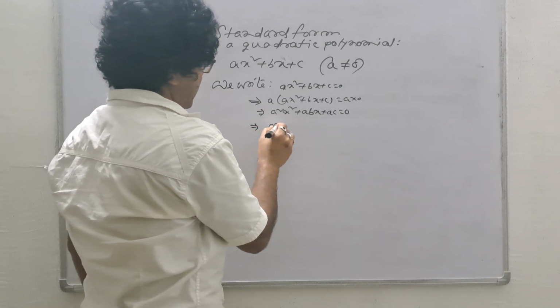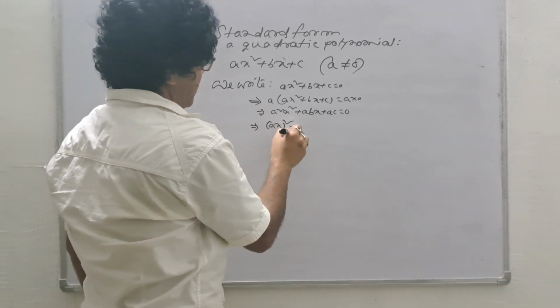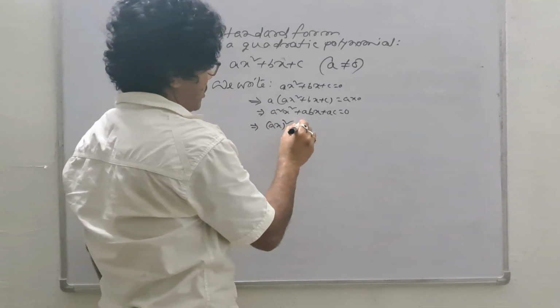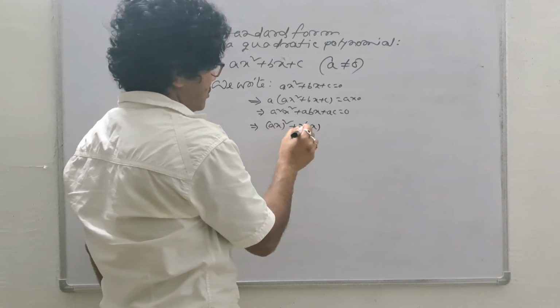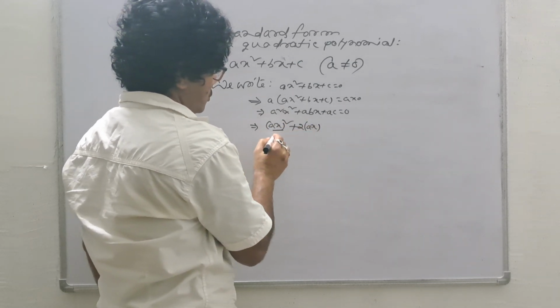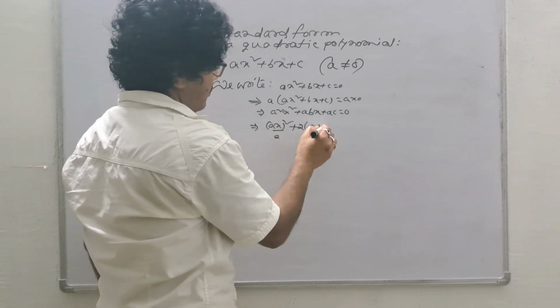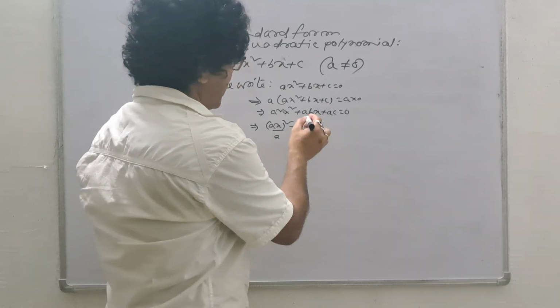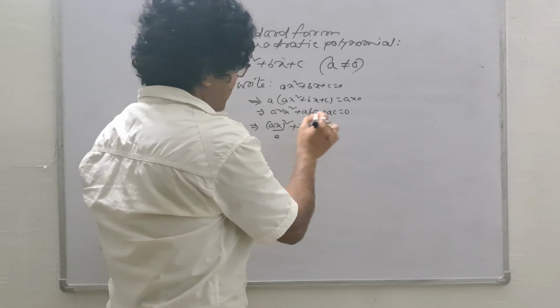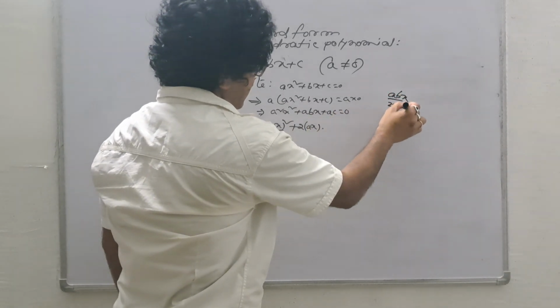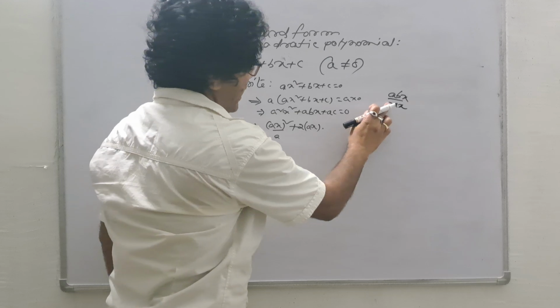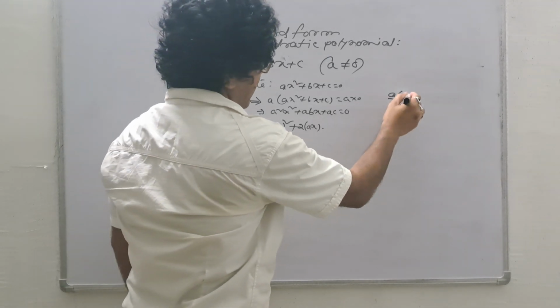So this I can write as a squared x squared. Now we will make twice ab. This is ax, so this one is a, suppose. Twice a, b should be what? To get abx, this should be divided by 2x.